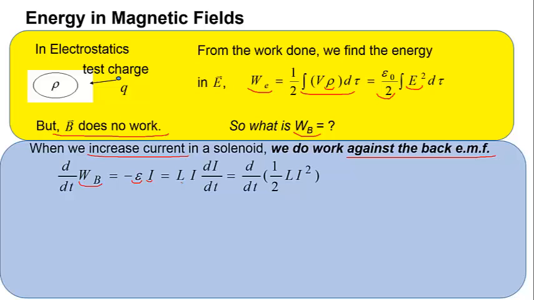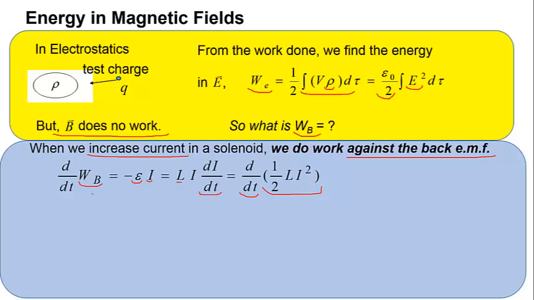Well, the back EMF is related to the inductance in the case of a solenoid, and that is equal to L times di/dt. And this I is repeated right here. So this is another expression for the time derivative of the energy, but we can rewrite this in terms of the time derivative of this quantity here.